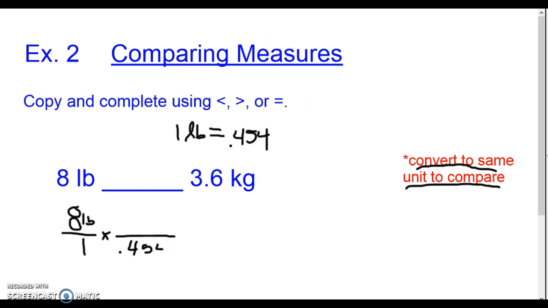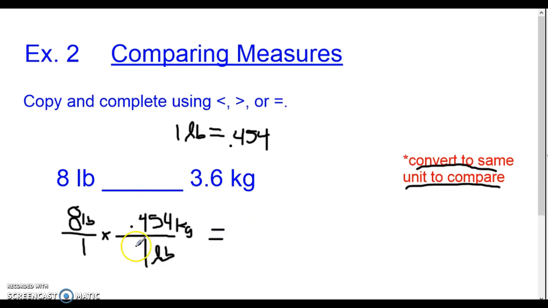Oh, that is wrong. I need to put 0.454 on the top because that's my kilograms. Over my 1 pound. And then here I just multiply across.